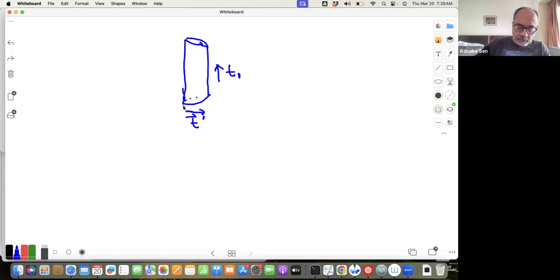On this curve we have Y alpha 1 of T prime, and on the other curve we have some other function, Y alpha 2 of T prime.